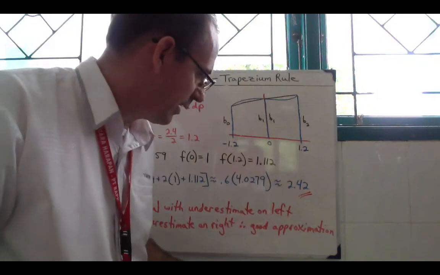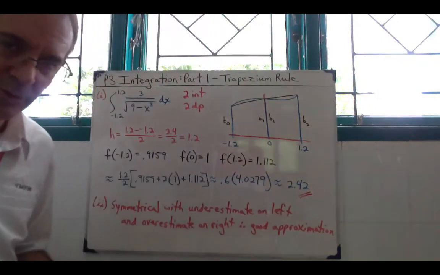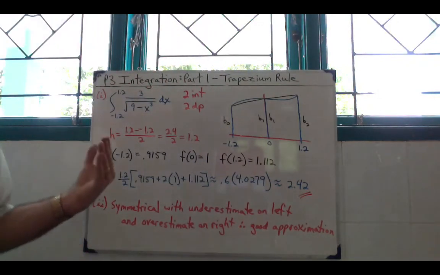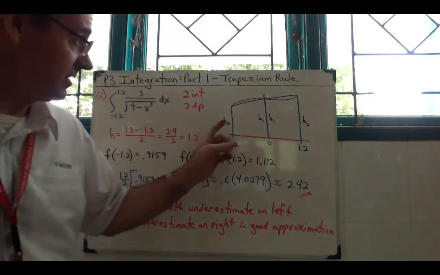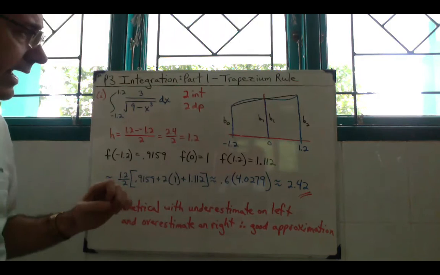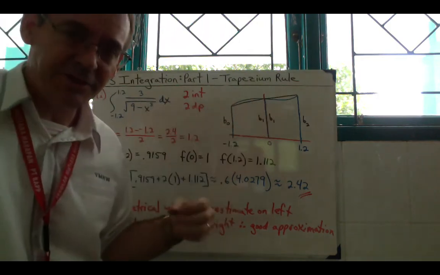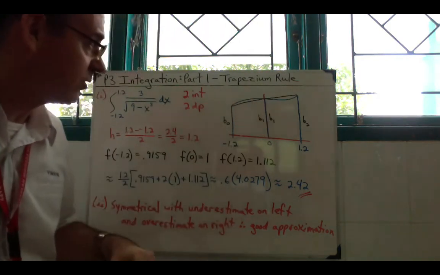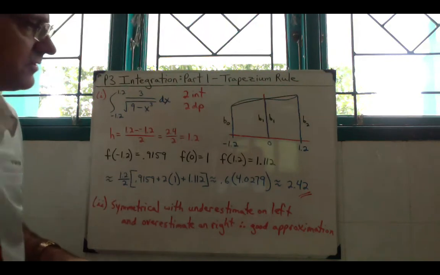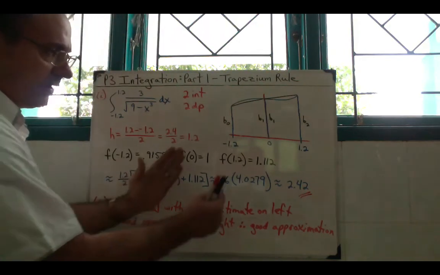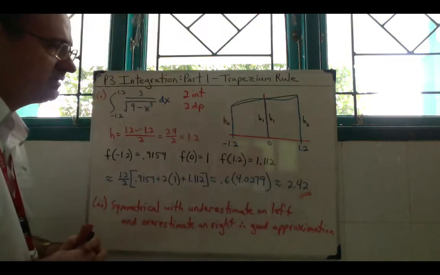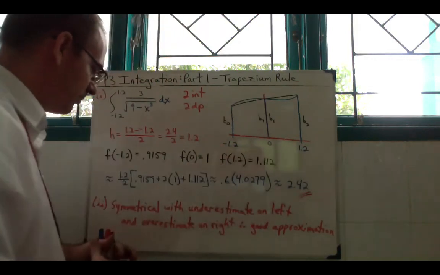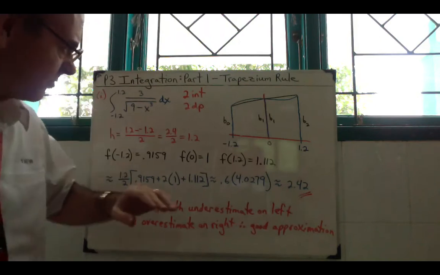This is our approximation. Then for the follow-up question, they say why, according to the diagram, why would this be considered a good approximation? Well, if you notice on the left, or if you notice, first of all, it's symmetrical, meaning it's the same distance on both sides, 1.2, negative 1.2, so it's symmetrical.